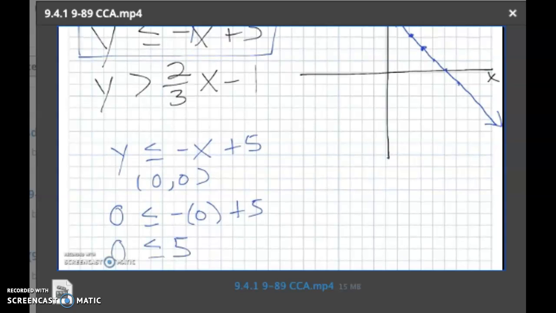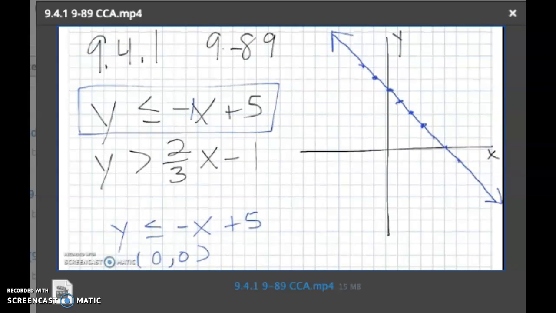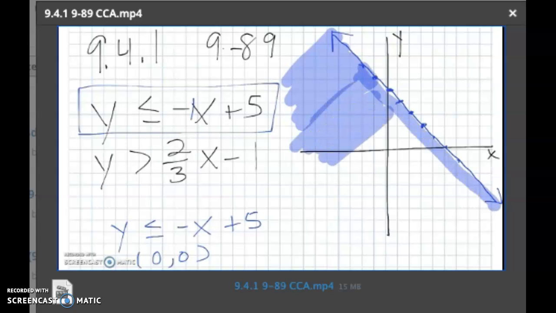I get that 0 is less than or equal to 5. That is true because 0 is less than 5. Since the point 0, 0 is below my line, I am going to shade everything below my line. So the solution set for that inequality is everything on my line and everything below it.